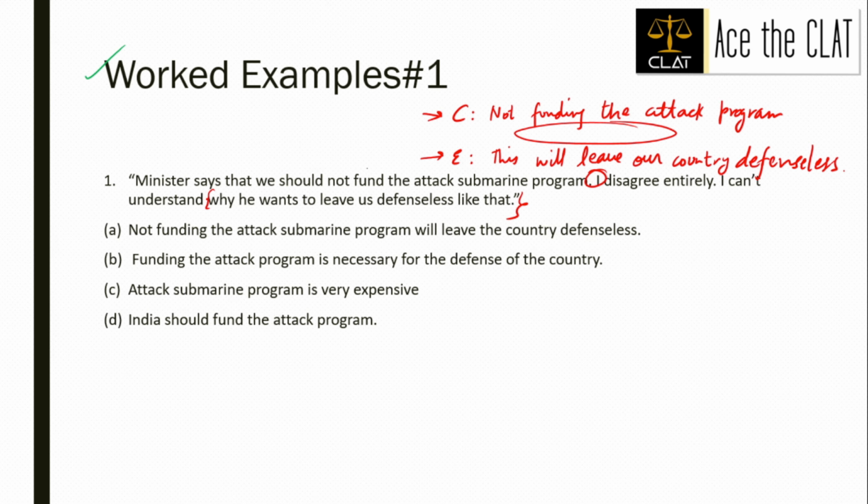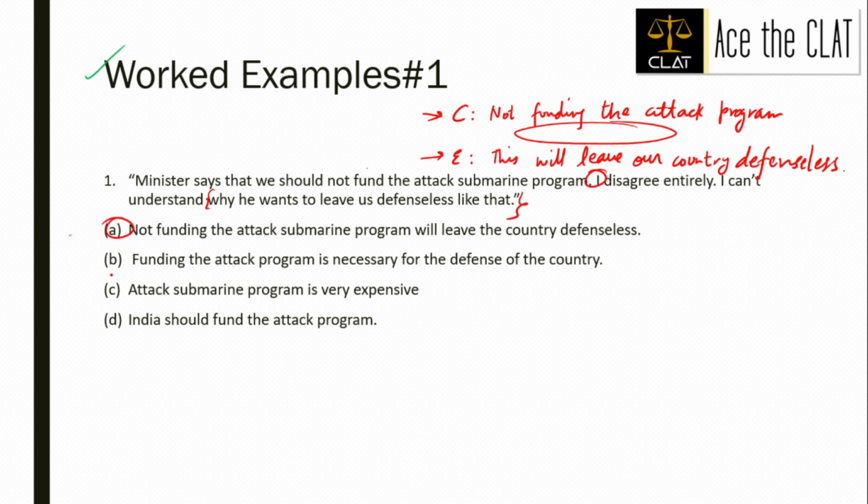A says, not funding the attack program will leave the country defenseless. Well, this may appear appealing, but we have a similar problem as mentioned in the session earlier. Let us try to negate this, okay? By saying that not funding the attack submarine program will not leave the country defenseless. Could you identify this option?